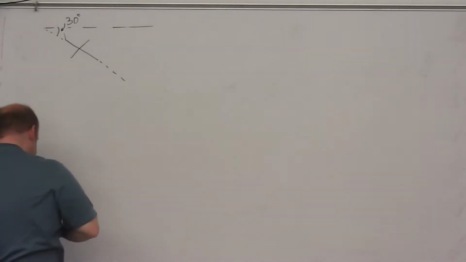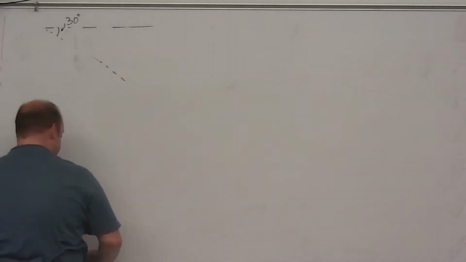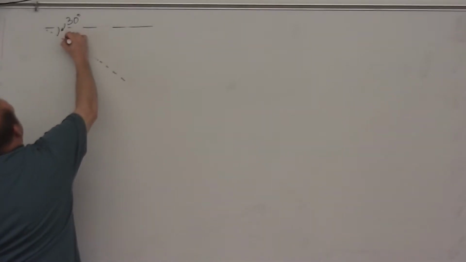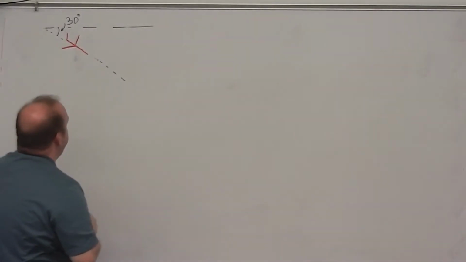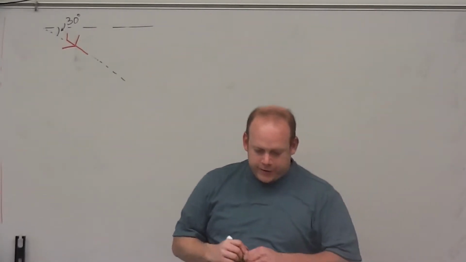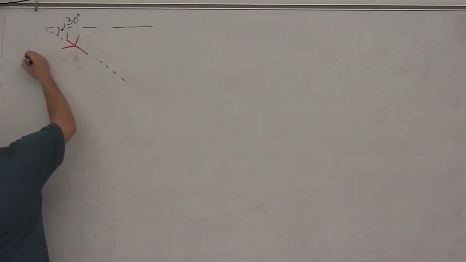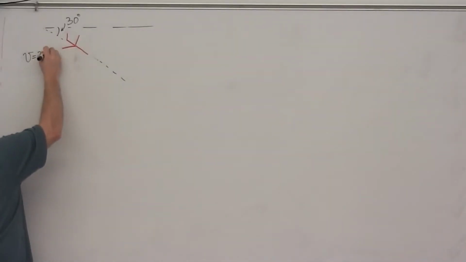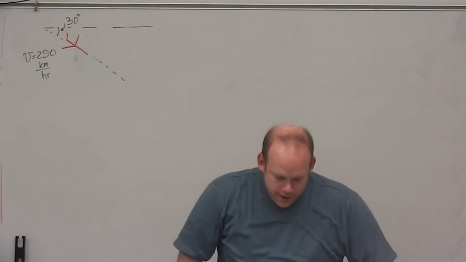I can make that airplane a different color just so it shows up a little bit better. Okay. So my airplane is diving at an angle of 30 degrees below the horizontal. It's going 290 kilometers per hour. So the speed is equal to 290 kilometers per hour.